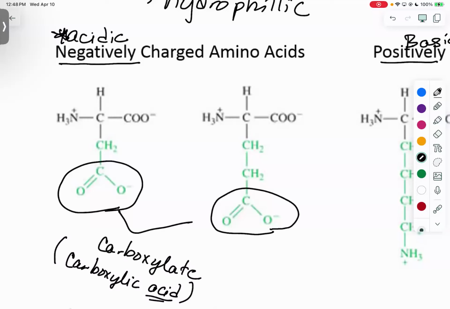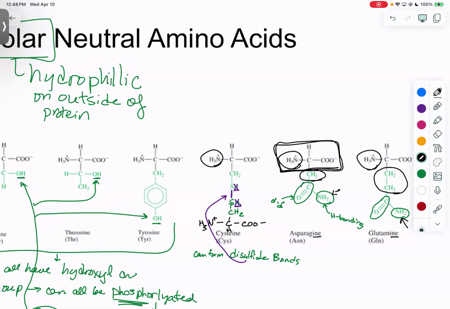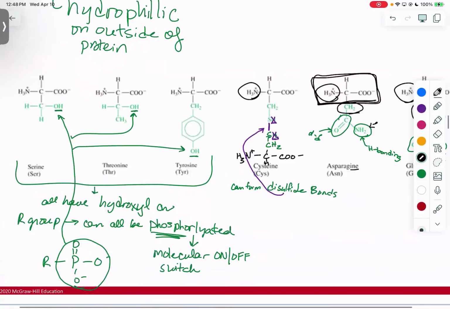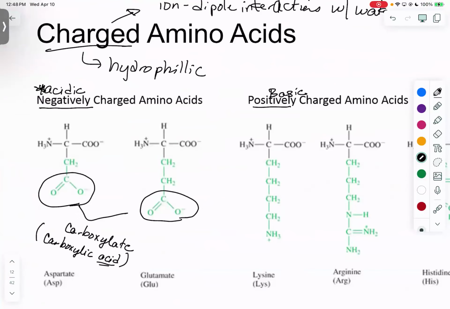And so they're acidic, right? So the only difference between our two, which is aspartate and glutamate, which is very similar to asparagine and glutamine, right? What's the only difference between asparagine and glutamine and aspartate and glutamate?